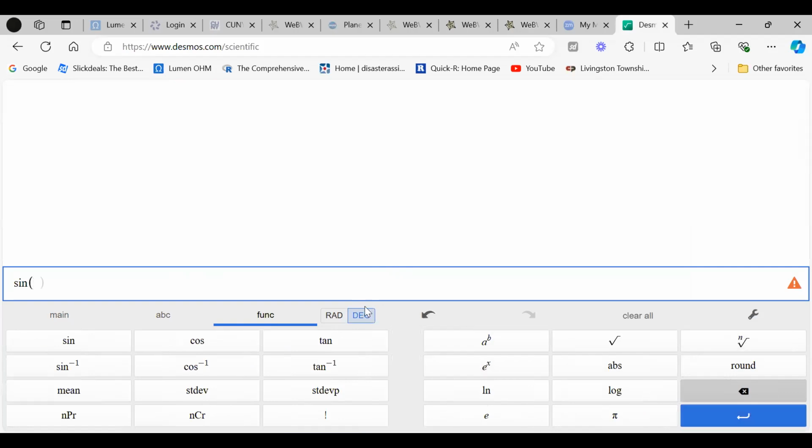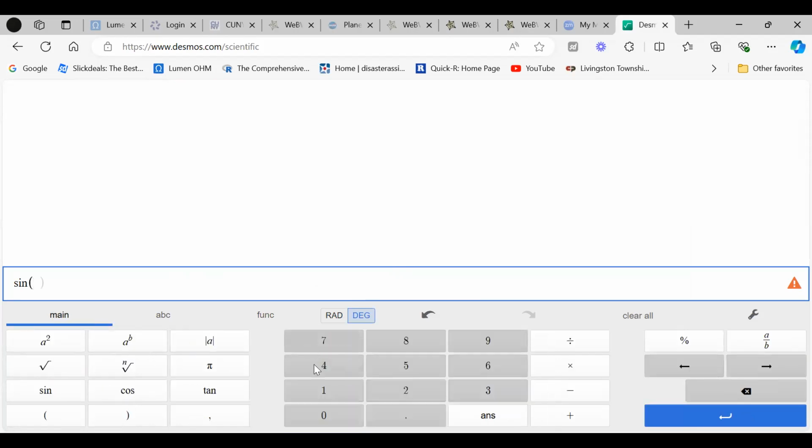Yeah, we don't, oh yeah, there's a radian and degree setting, right? So in this we have degrees, so we can put in sine 10 here, just put in the number 10. We recognize that degree measurement, and then times 11. Okay, that should be 1.910, right? So the answer is 1.910.